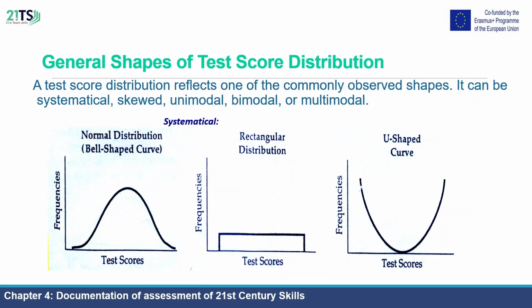While the test scores fall in a U-shaped curve, it means that the student performances are very separated.